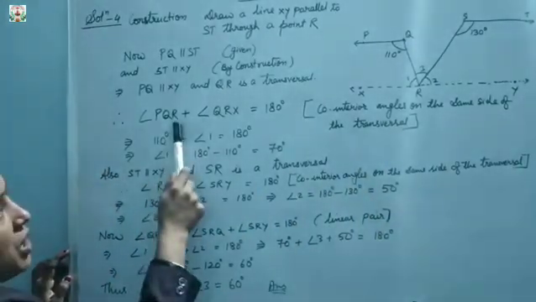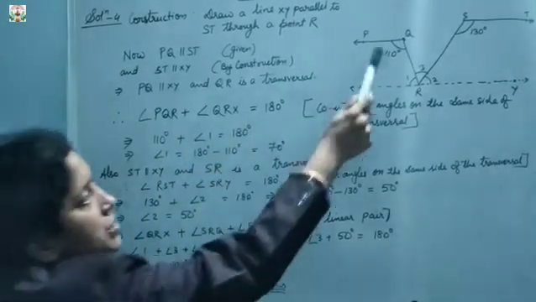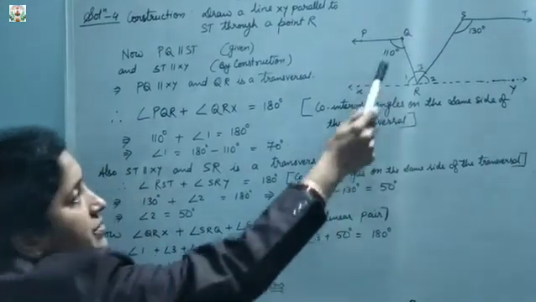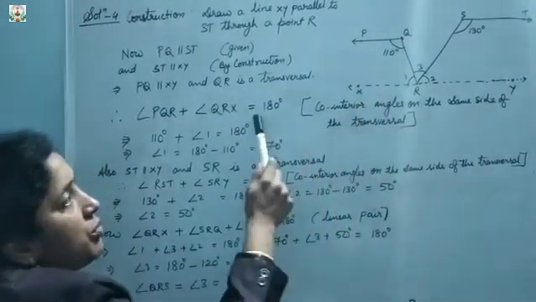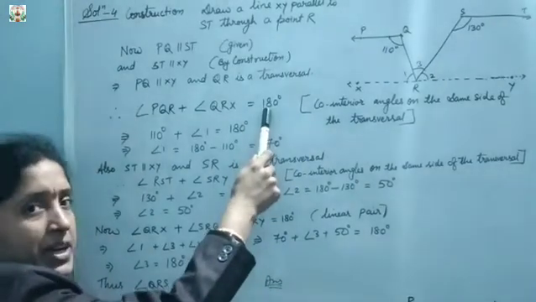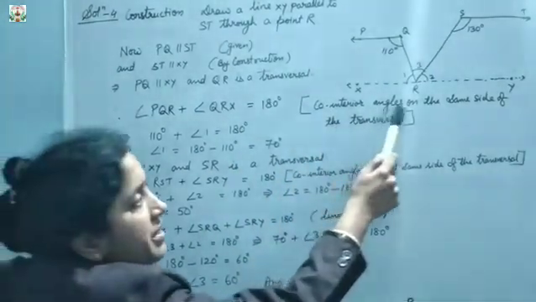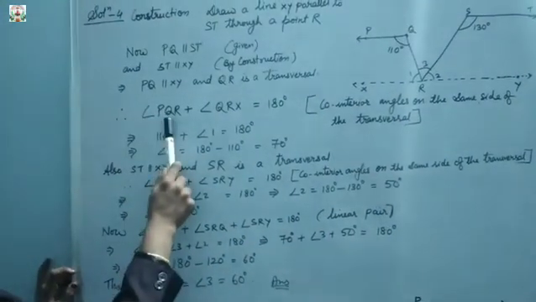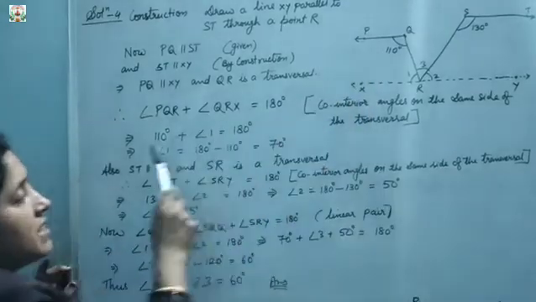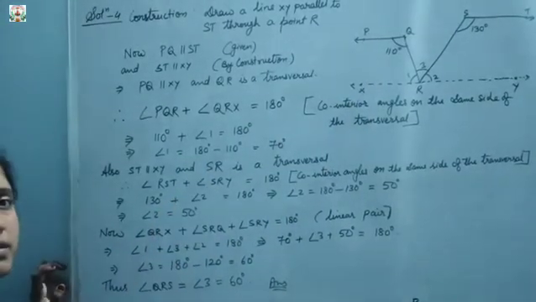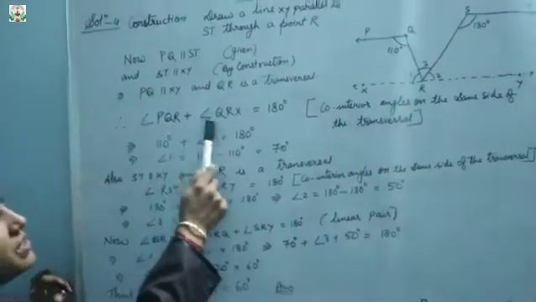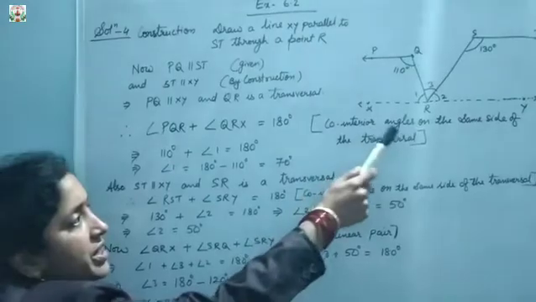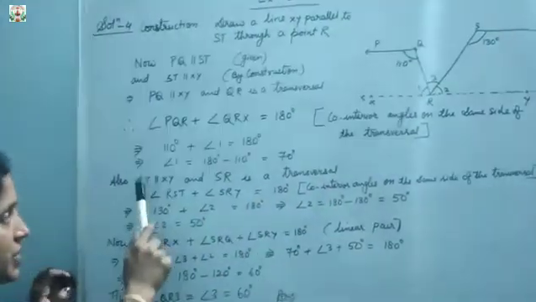So angle PQR plus angle QRX, these two angles, their sum will be equal to 180 degrees because they are co-interior angles on the same side of the transversal.